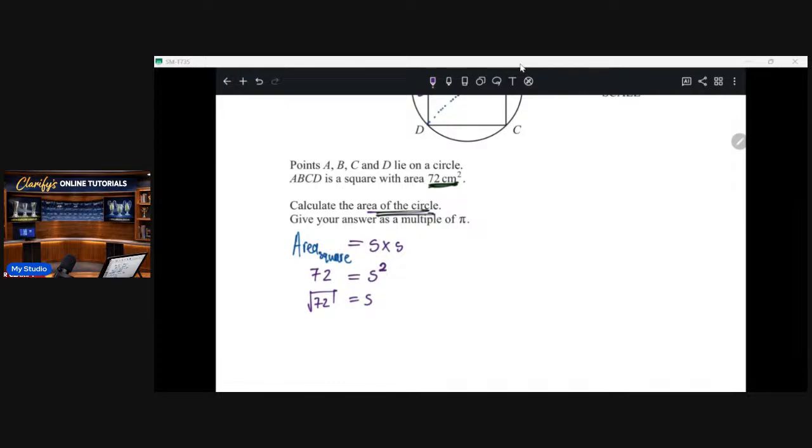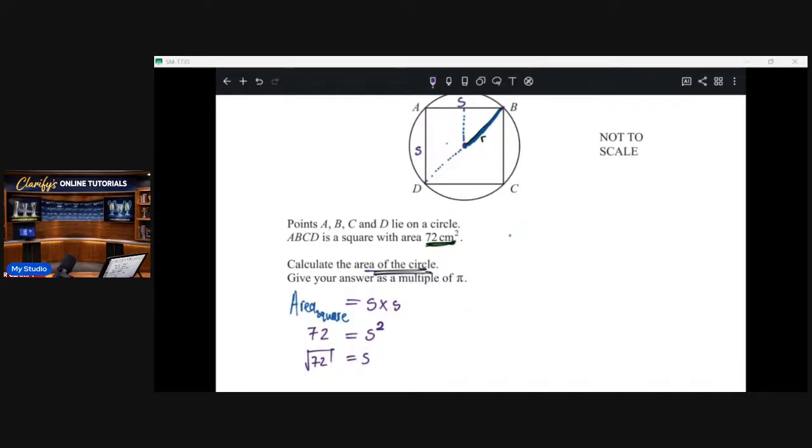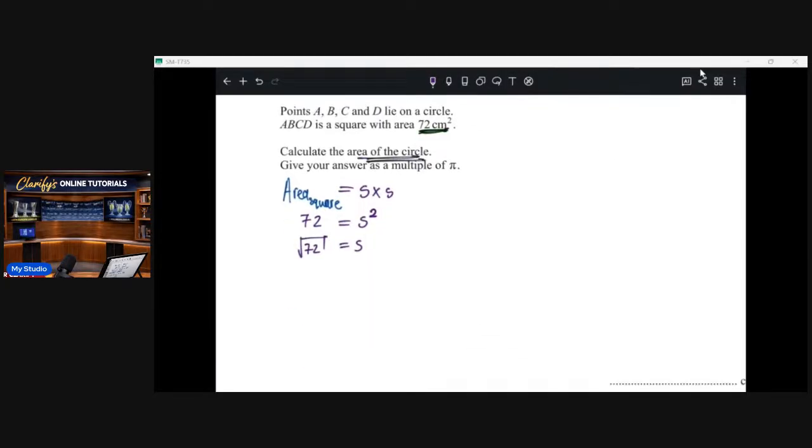What do you get if you say square root of 72? Should we leave it as root 72?